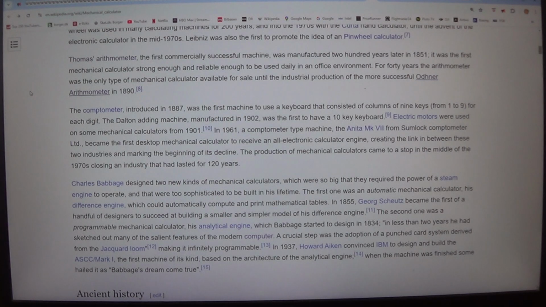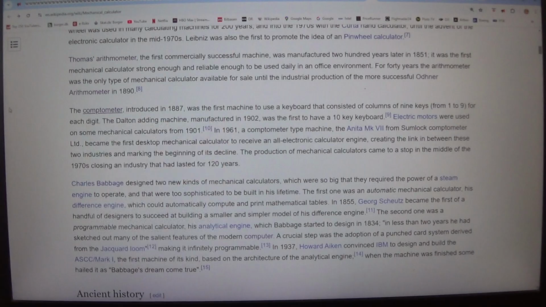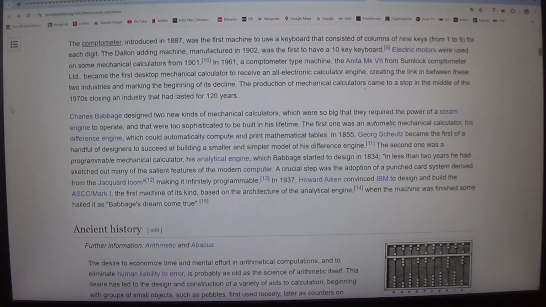The comptometer, introduced in 1887, was the first machine to use a keyboard that consisted of columns of 9 keys, from 1 to 9, for each digit. The Dalton adding machine, manufactured in 1902, was the first to have a 10-key keyboard.